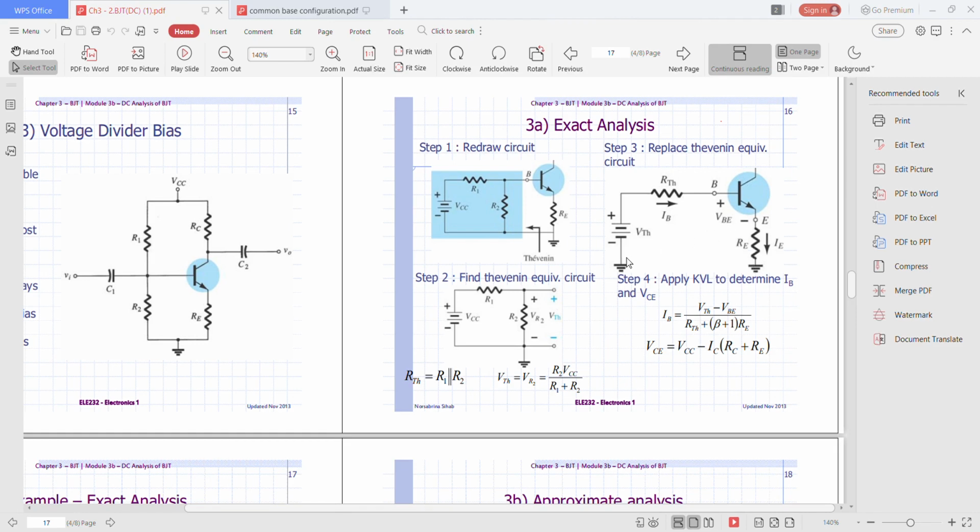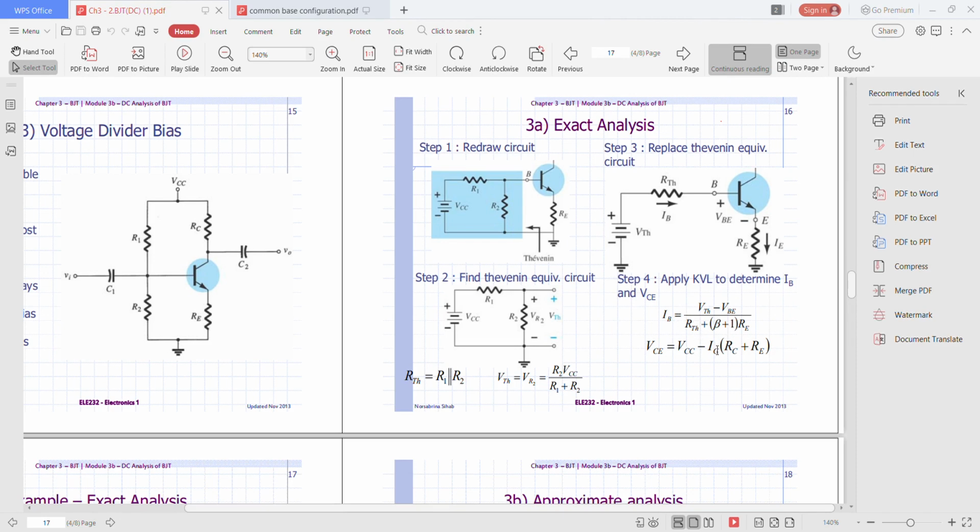It depends on you whether you want the first polarity to be the sign, or you want the current leaving the terminal to be the sign. It is up to you. So from here you can get this equation.